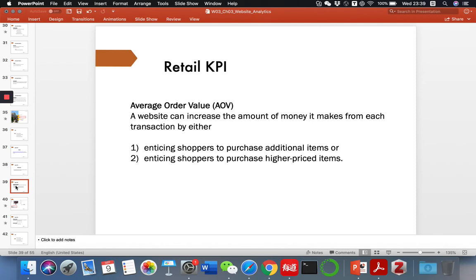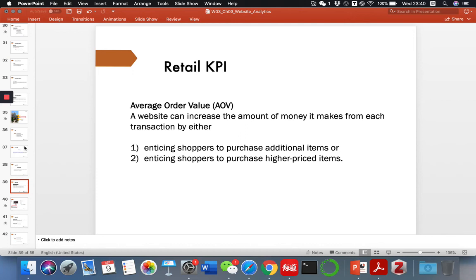And the third one is AOV, average order value. Average order value means after the deals are made, we calculate on average. We get the data from all deals, the number of deals and the money, the revenue from all these deals, right?